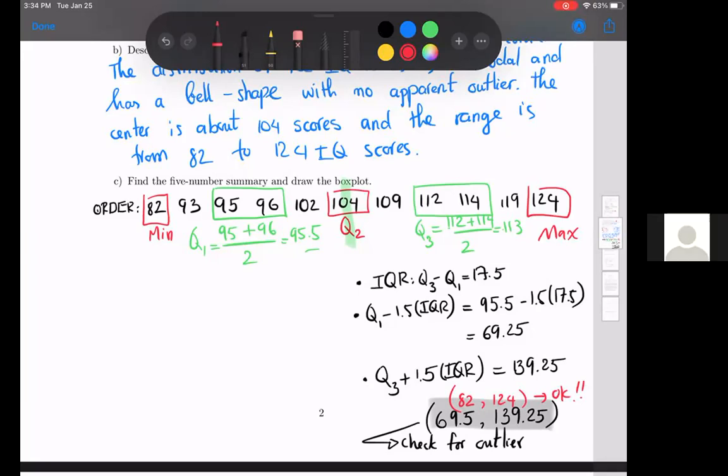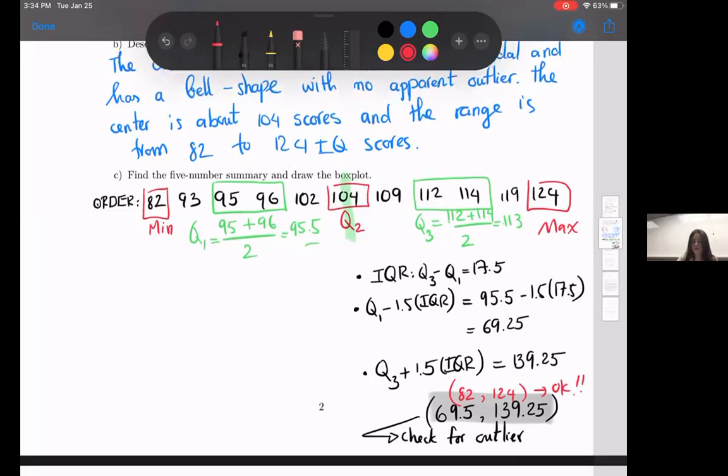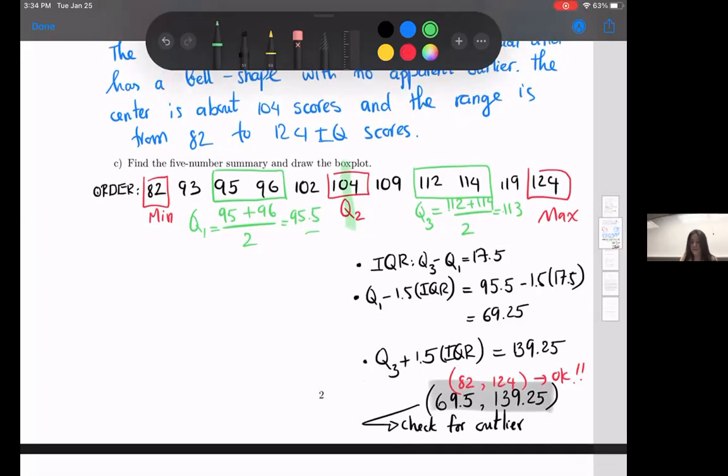Okay, thank you. Yeah, don't write this down. Let's say I do IQR and I say my allowance is from 69 to 115. If you look at the data, you got 82, which is okay.